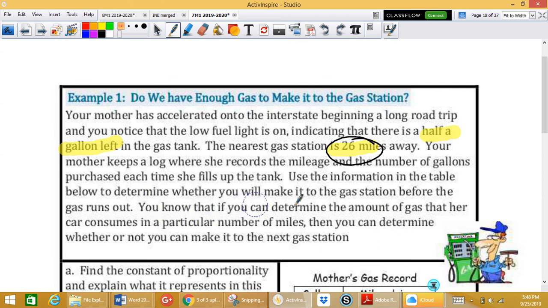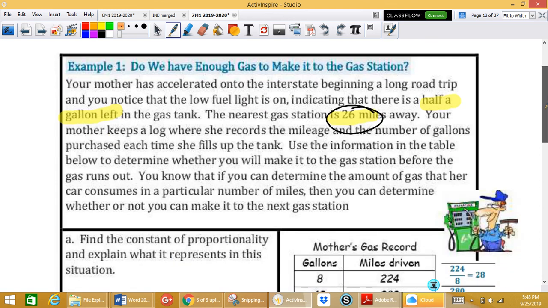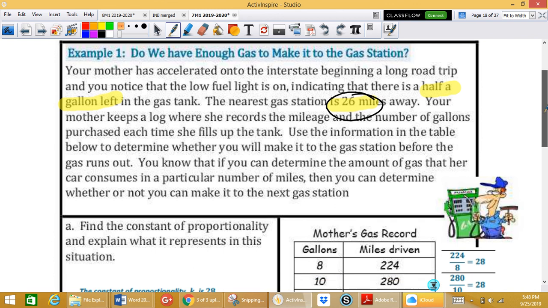You know that you can determine the amount of gas that her car consumes in a particular number of miles when you can determine whether or not you can make it to the next gas station. So find the constant of proportionality in this situation.